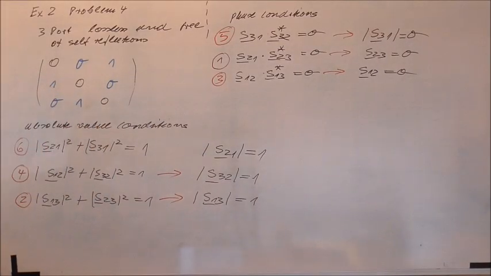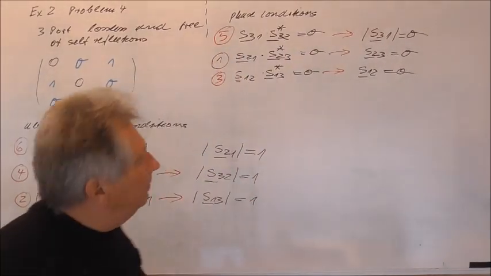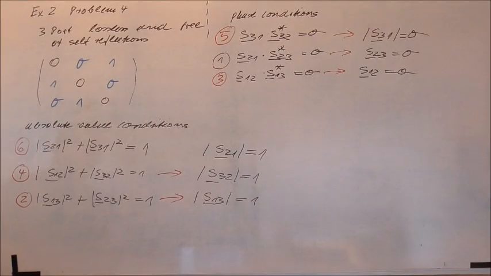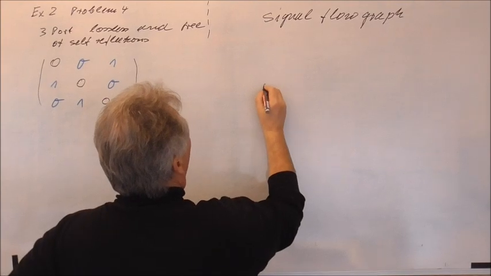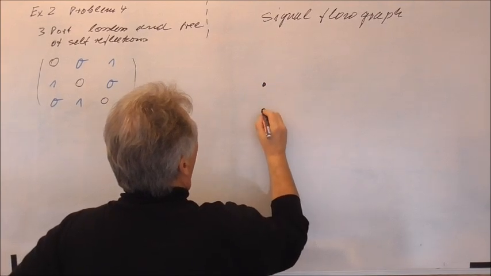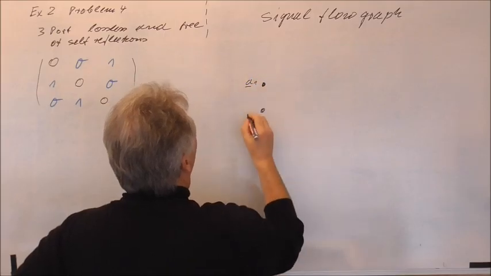To make this a little bit clearer, I will delete this and set up the signal flow graph of it. So I can sketch it like this: A1, B1.